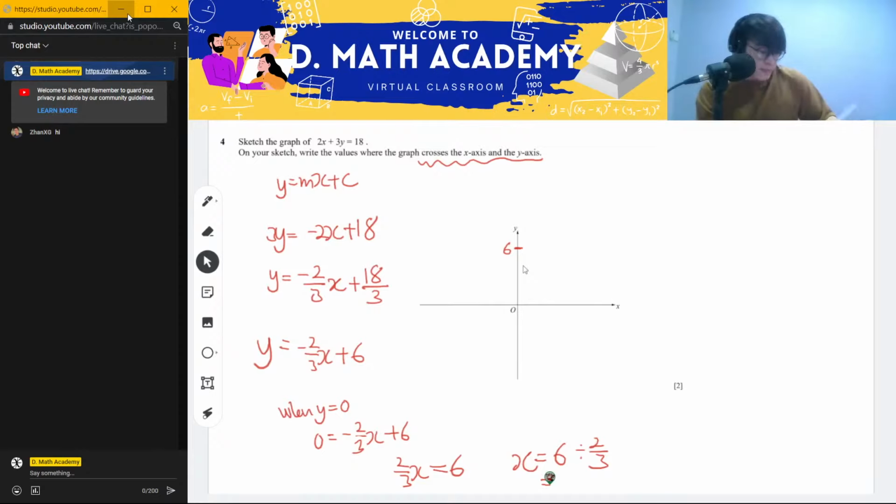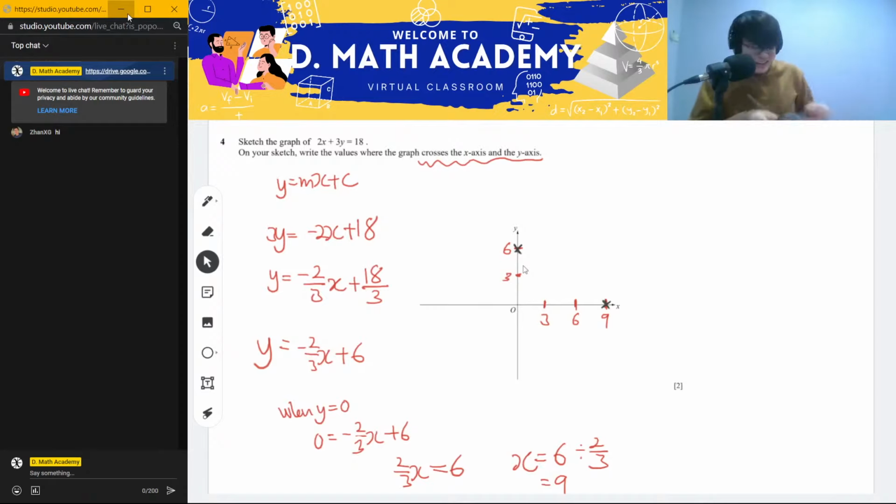Remember, try to keep everything to scale here. So maybe you can label down your 3 is here, 3, 6, and then 9 is over here. So these 2 points, you have to show them that you got it correctly and then join it up.